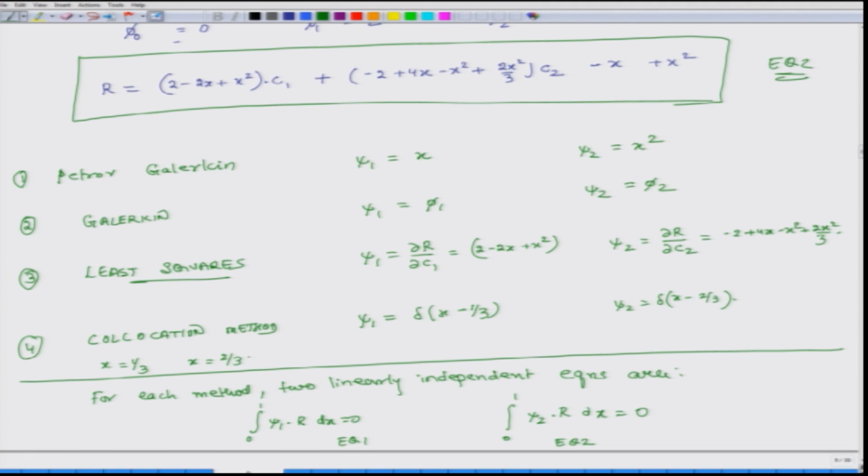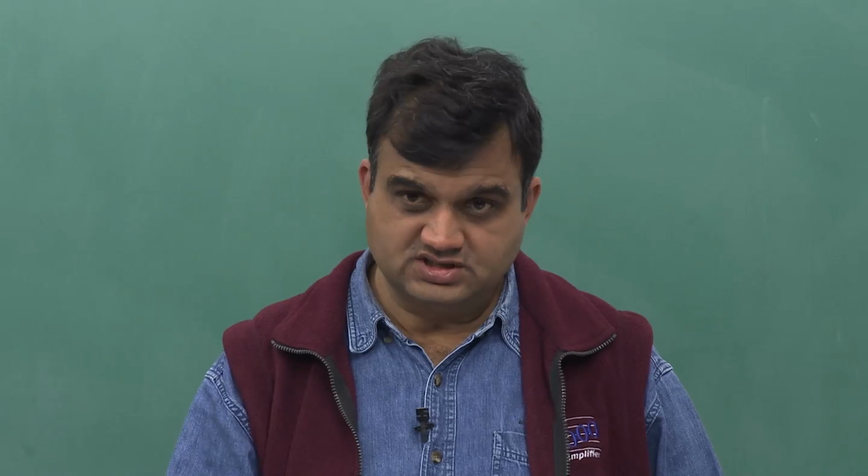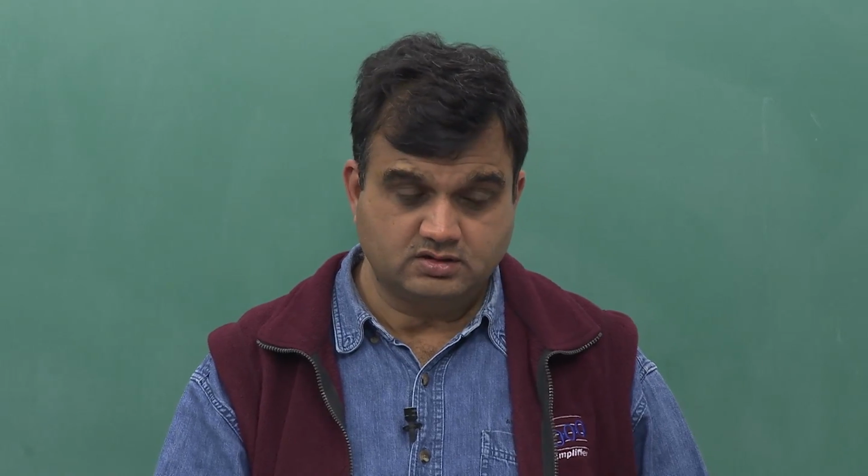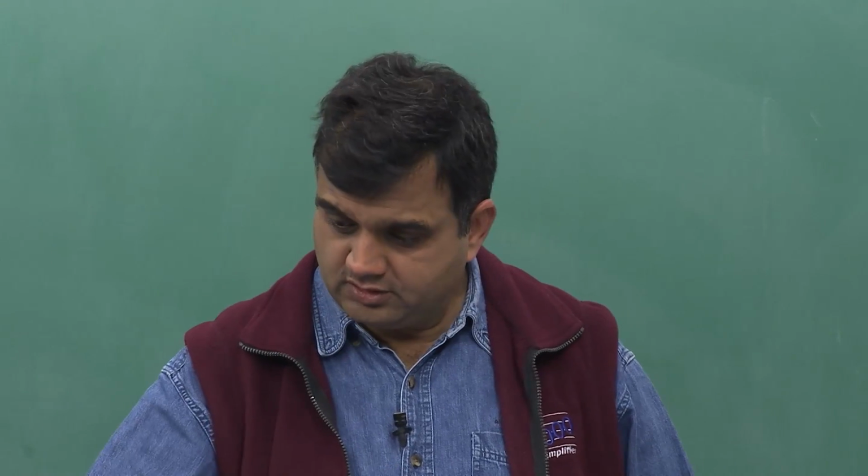Okay. So, I get two equations for each method and I have two unknowns C1 and C2, and in this case it is a linear system. So, they are linear simultaneous equations. I can solve them and calculate the values of the C's.